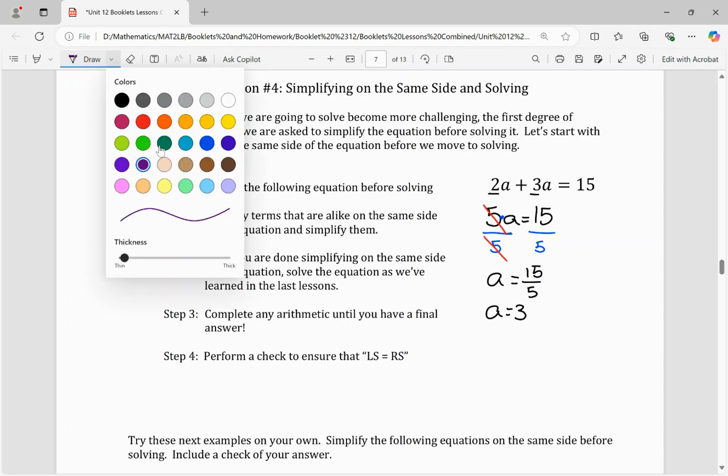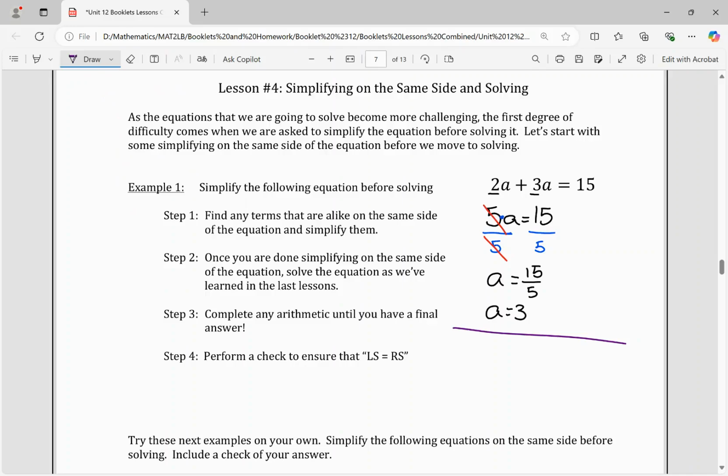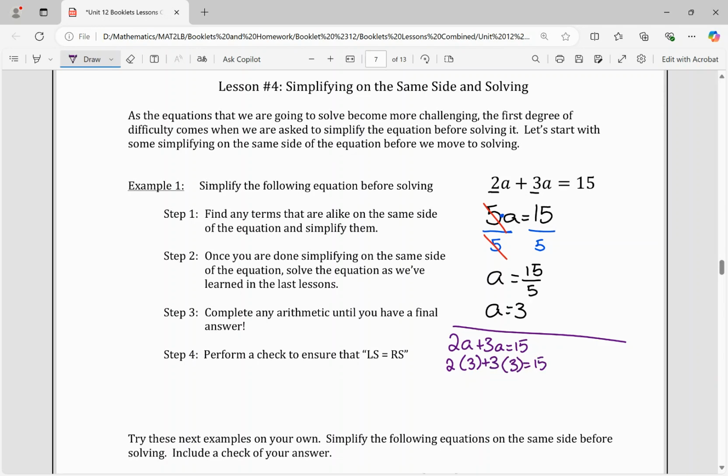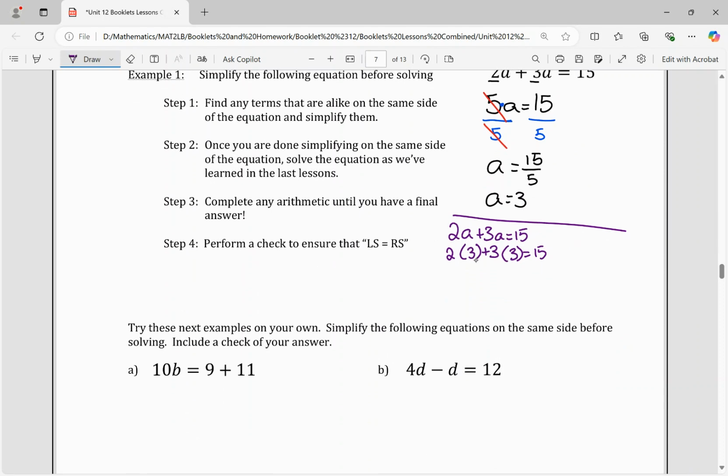As usual, if you would like to check if your answer is correct, you can do so by taking your original statement, which was 2a plus 3a equals 15, and substituting in your potential answer, which is that a is equal to 3. So wherever I see a in this equation, I'm going to write 3 instead, and I get 2 times 3 plus 3 times 3 is equal to 15.